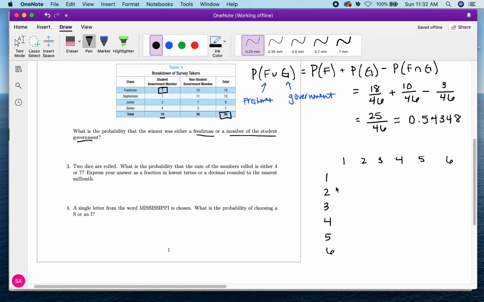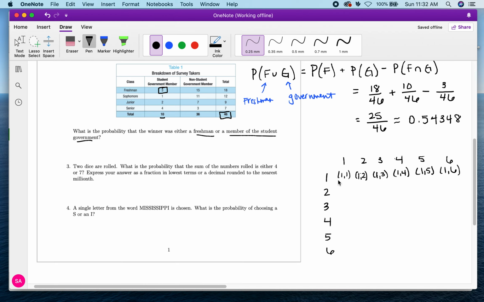So when we're looking at the sums of these dice, if we roll 2 ones, a 1 and a 1, that adds up to a 2, right? If we roll a 1 and a 2, we could roll a 1 and a 3, a 1 and a 4, a 1 and a 5, a 1 and a 6.